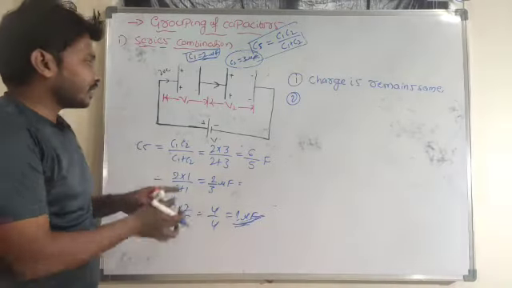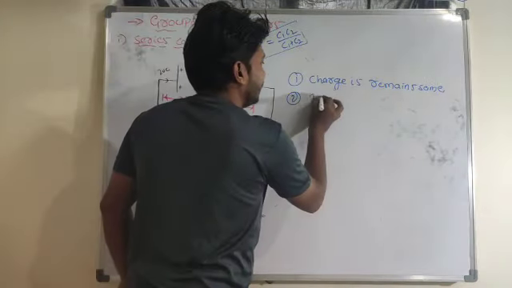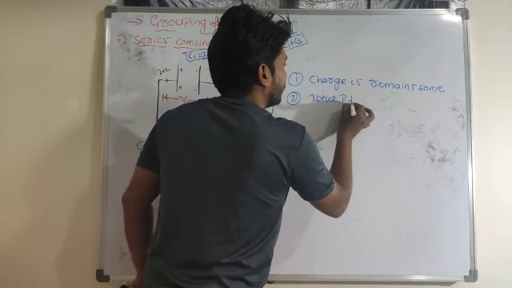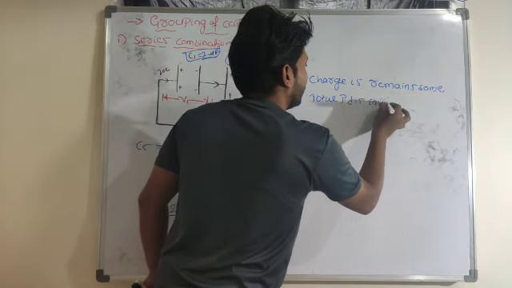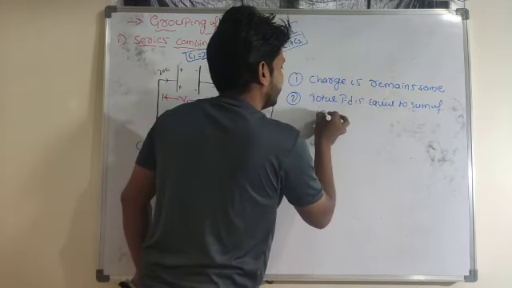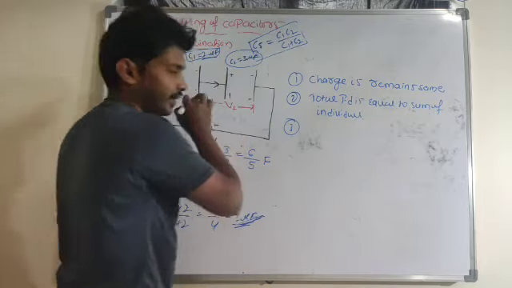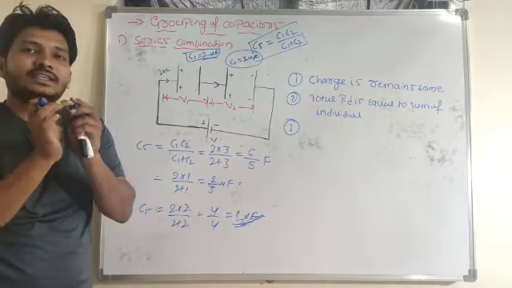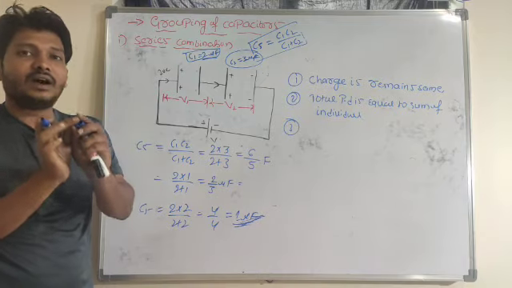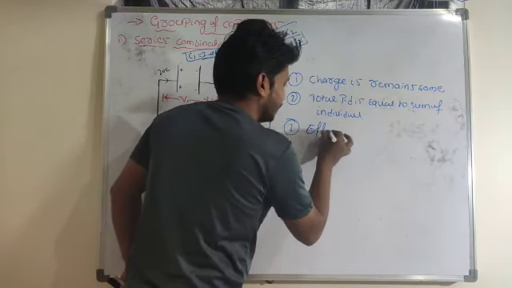So what about the potential difference here? Total potential difference is equal to the sum of the individual. Third point, effective capacitance is always less than or equal to individual capacitance. This is an important one.